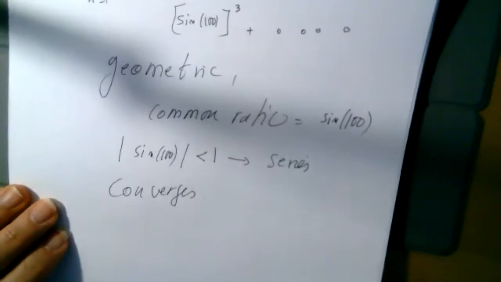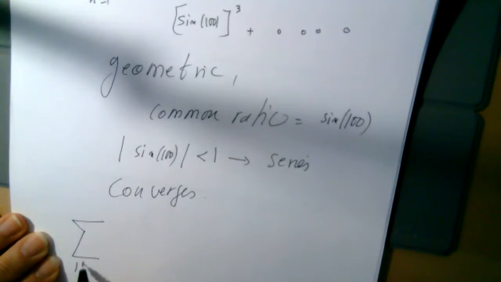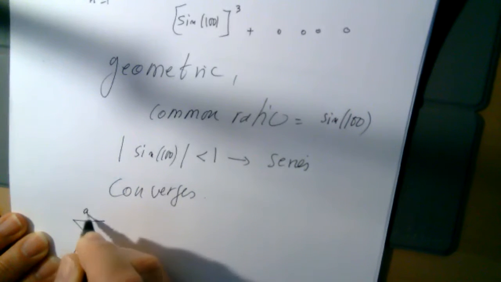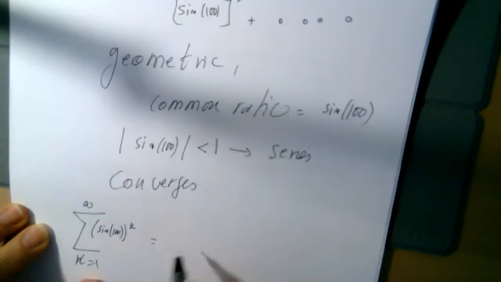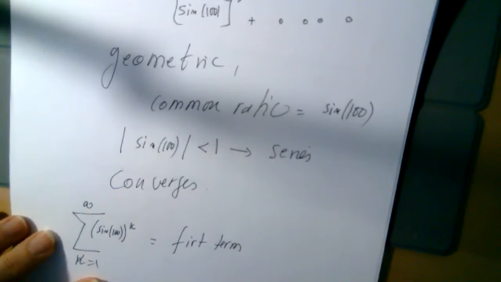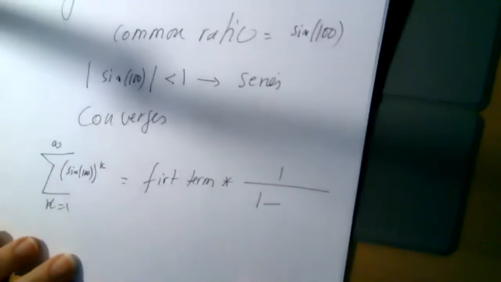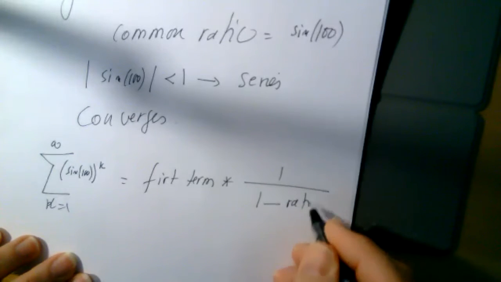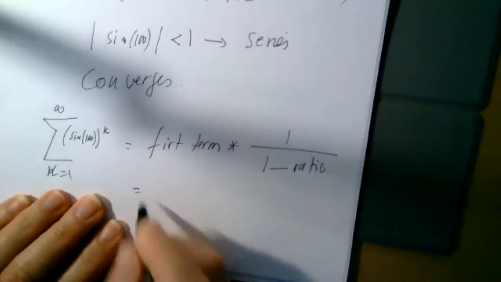And now we need to find the sum. So let us remember the rule for the sum. The sum is the first term times 1 over 1 minus my ratio. What is my first term?